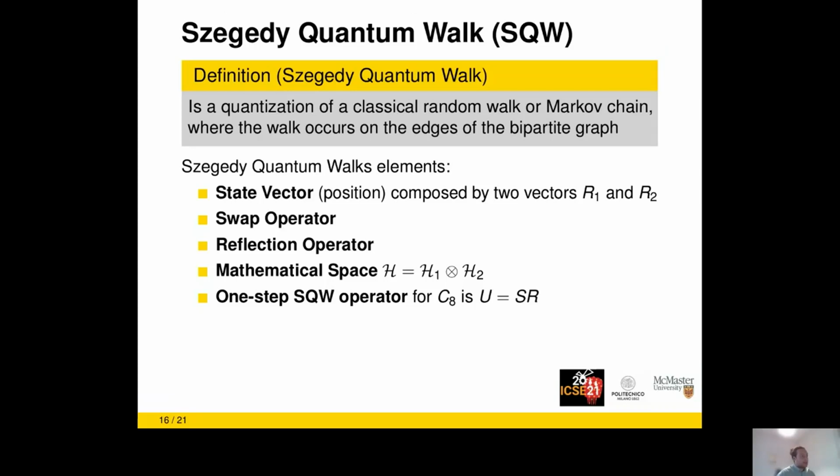And then we have the mathematical space that is composed by the Kronecker product of the Hilbert space of register 1 and the Hilbert space of register 2. The registers R1 and R2 have the dimension of the encoded nodes, so in our case, they have dimension 3. Again, the one-step Szegedy Quantum Walk operator can be expressed as U. This is the swap operator and the reflection operator.